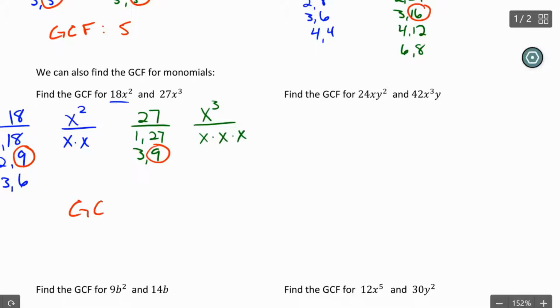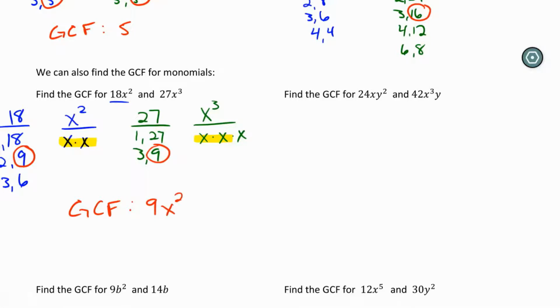And for the letter part, now we are looking for the greatest number of letters that they have in common. So looking at my letters, I see I have 2 x's here, and I've got at least 2 x's here. So guess what? On our greatest common factor, I'm going to need 2 x's, or x squared.